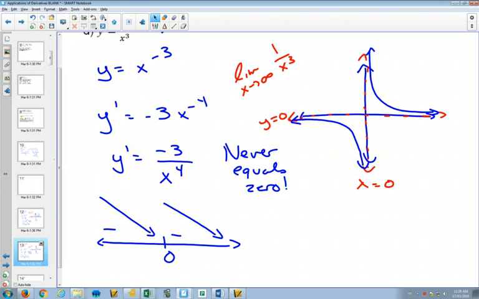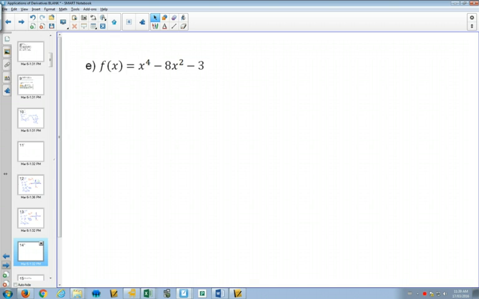So we can see how calculus can help us draw these graphs that we did before with our reciprocal. It can also help us draw these graphs that you did with x to the 4.